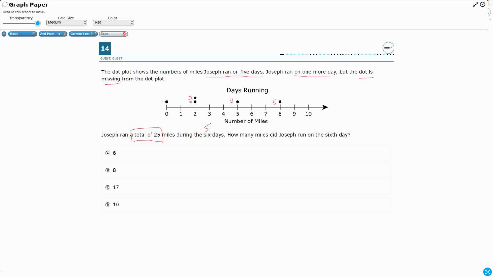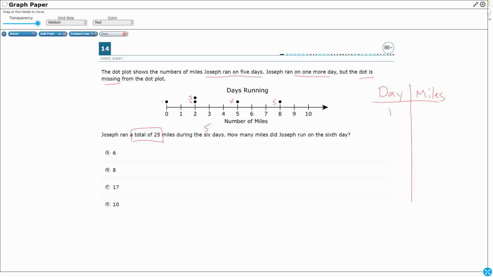All right, so let's just pretend that he ran this many miles on these days, right? So I'm just going to say day 1, and then I've got miles. Let's make a table here to record, because we want to figure out how much he's run so far.